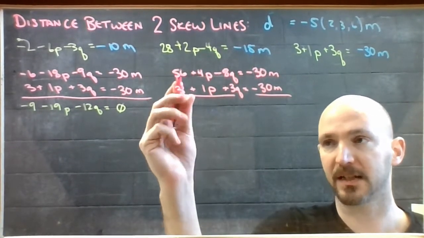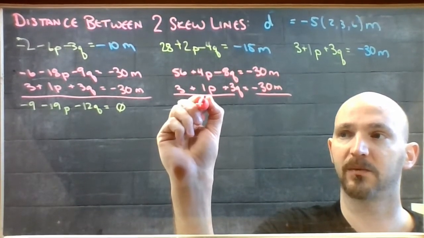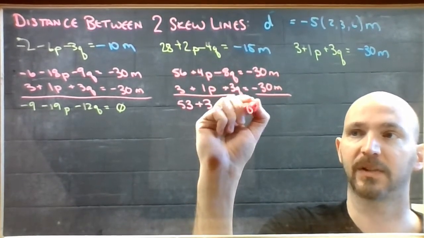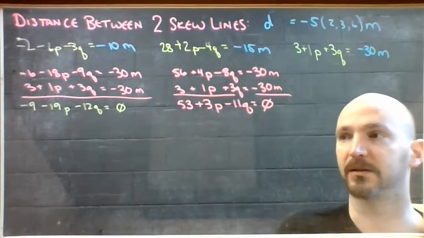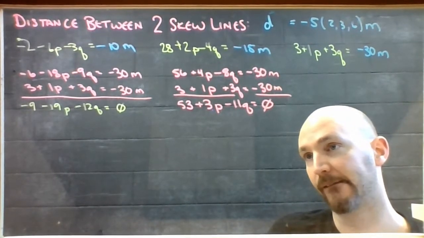And 56 minus 3 would be 53. 4 minus 1 would be 3 p's. -8 minus 3 would be -11 q's. And these are gone. Okay. Good.